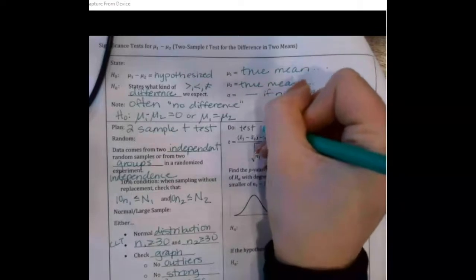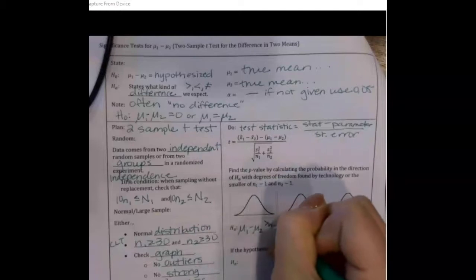You still have your test statistic, which is going to be your t, equal to the stat minus the parameter divided by the standard error. Okay? And if you have a greater than, then you'll graph it out, and you'll find your t, you'll label it on the graph, and you'll draw it out.